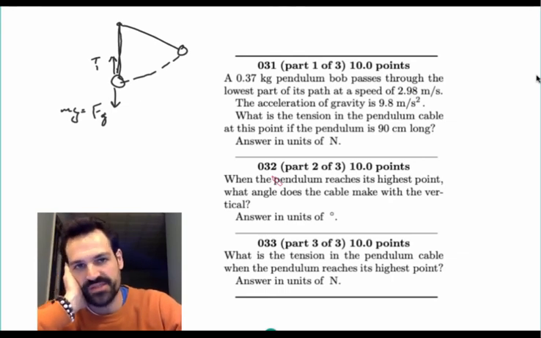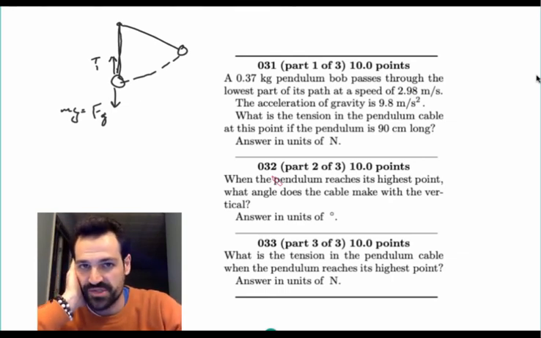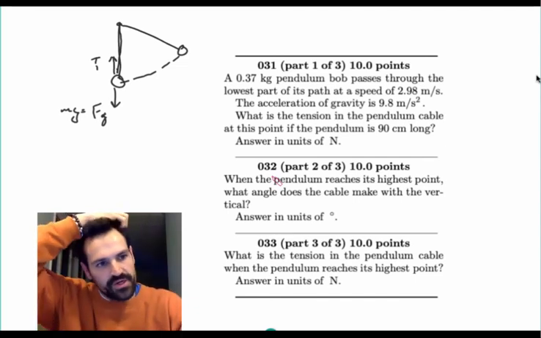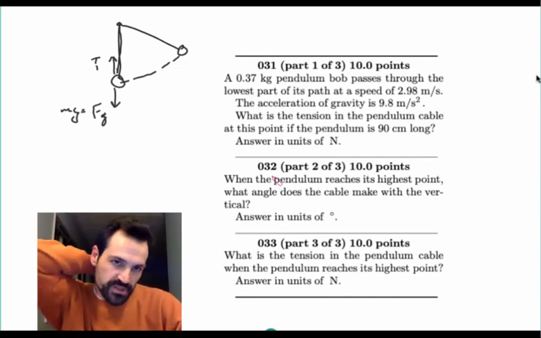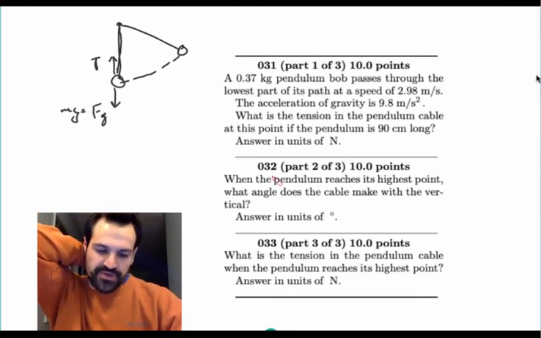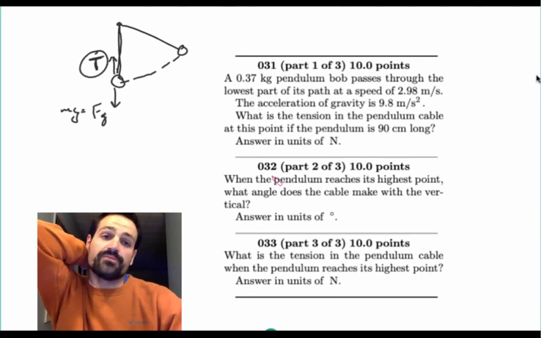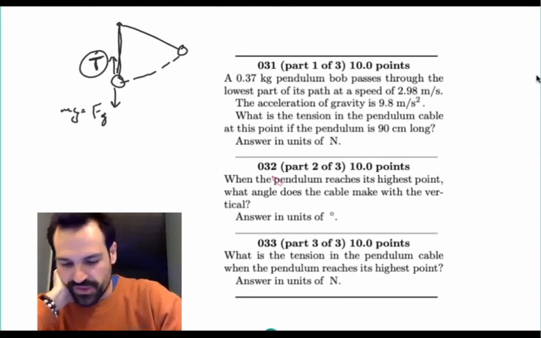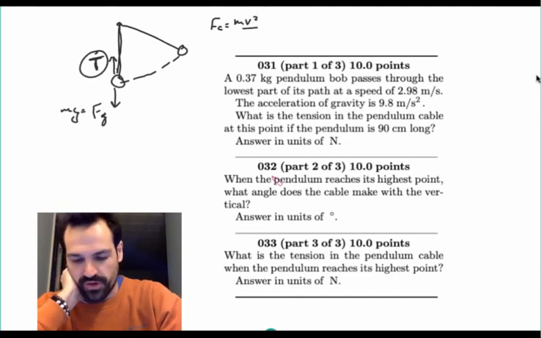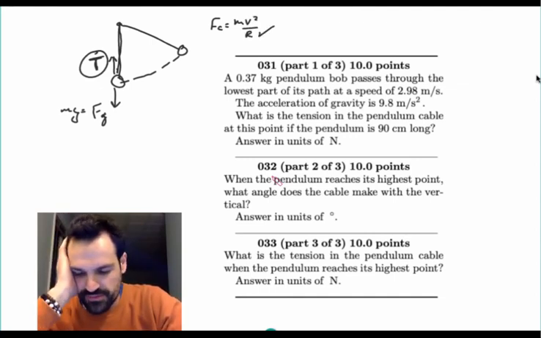And anytime you're asked about the velocity in a pendulum problem, it's either conservation of energy or it's centripetal motion. If they're asking us to calculate the tension, then your first thought should be, oh, that's centripetal motion. Centripetal force is mv squared over r. We know the radius, we know the mass, we do know the velocity.